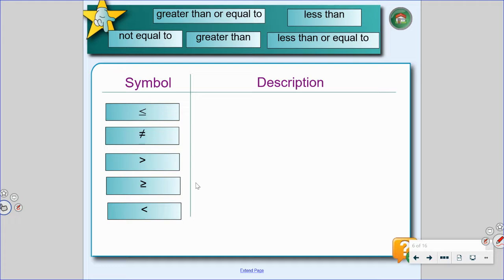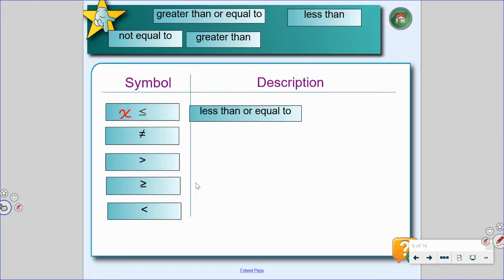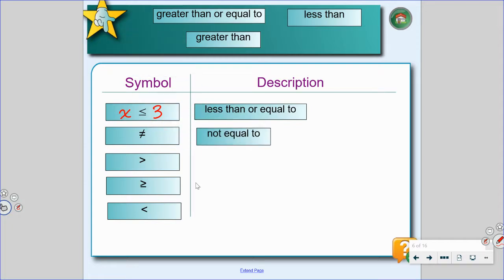If you read these left to right, in this case, you're going to say any number x which is less than or equal to, and then fill in the blank. Maybe it's 3, maybe it's 4, maybe it's 44 billion. Naturally, the next symbol simply means not equal to. If you read the following statement, you're going to say any number x is greater than.